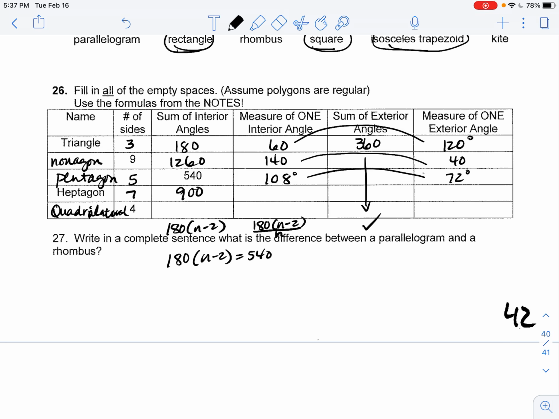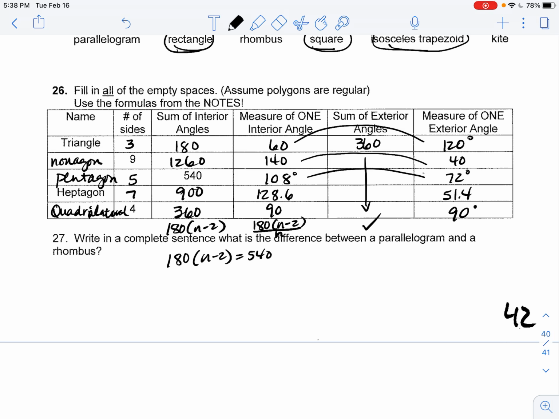A heptagon has 7 sides. The sum of the interior angles is 900. Divide that by 7, we get 128.6, and the supplement of that is 51.4. And the last one, quadrilateral, we know that the interior angles add to 360. Each angle is 90, and the supplement is 90.